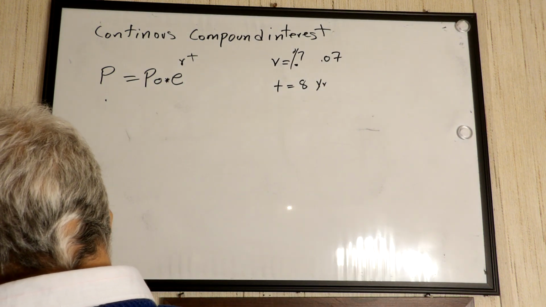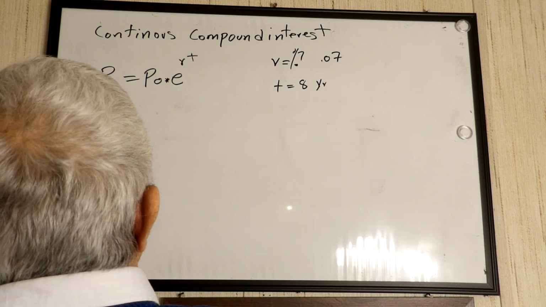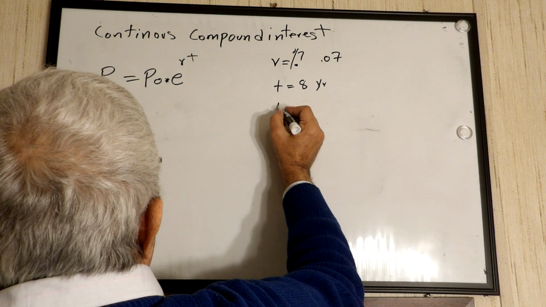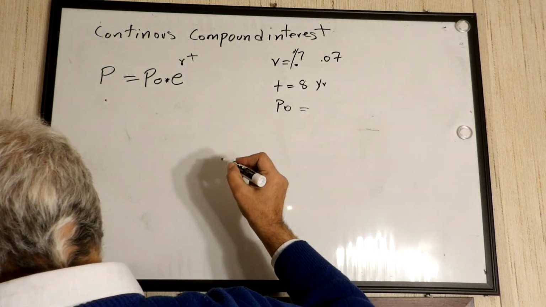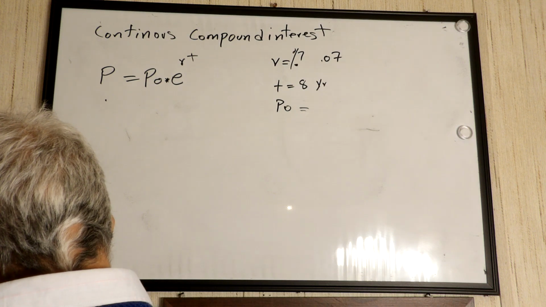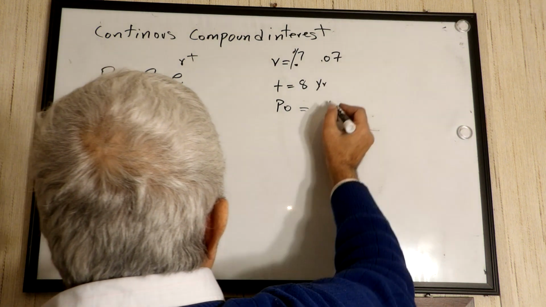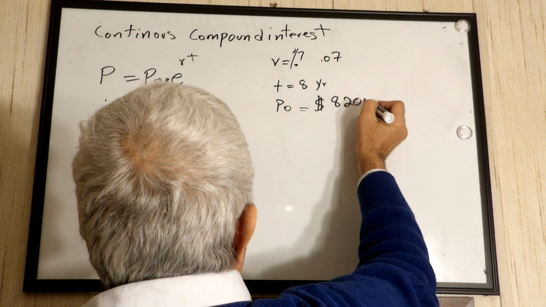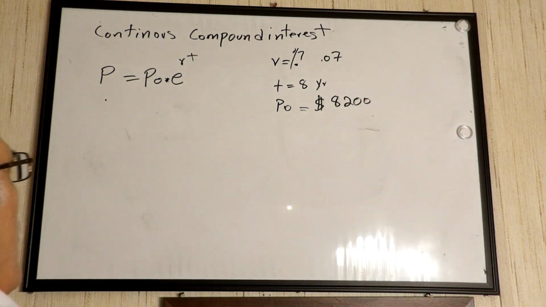The money you invest is P0, and you want to end up with $8,200.